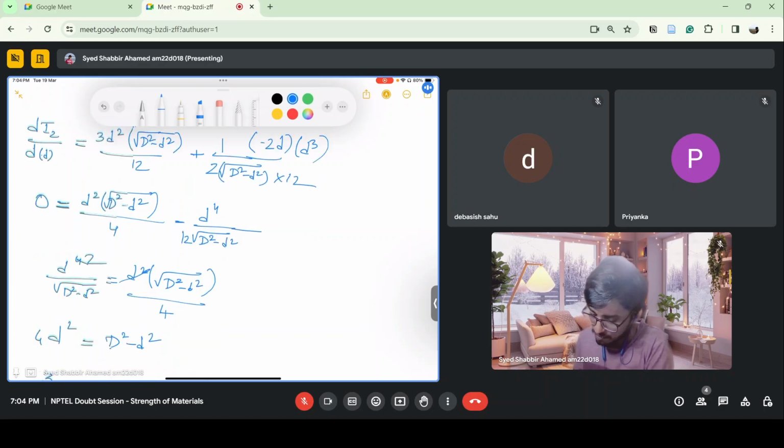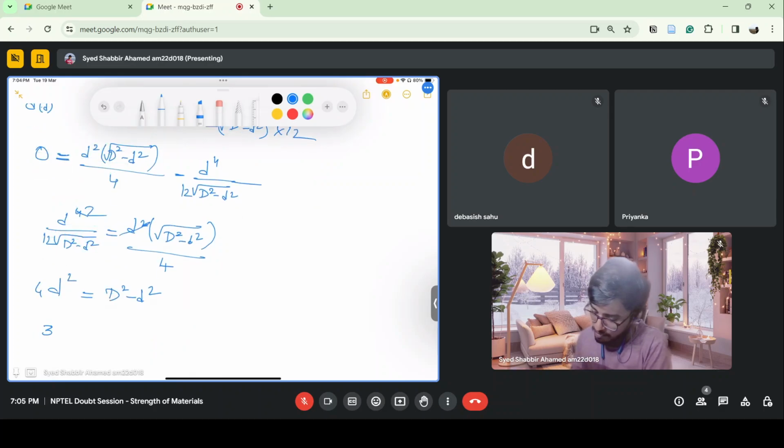Twelve, 12, 12. So this is 4 threes. This is 3.